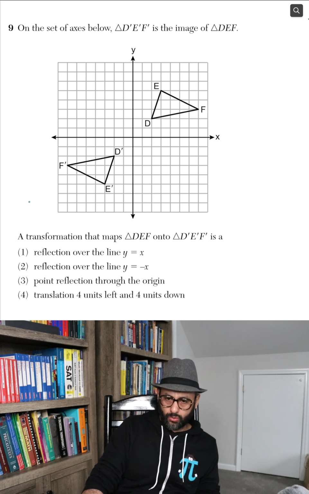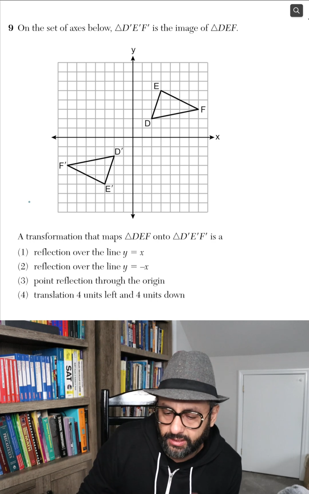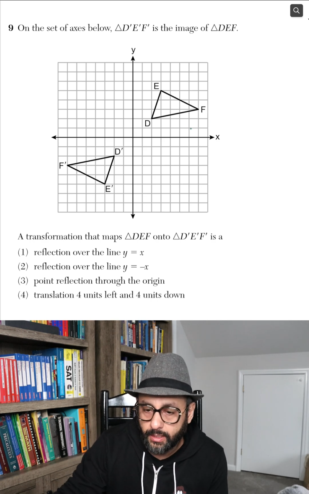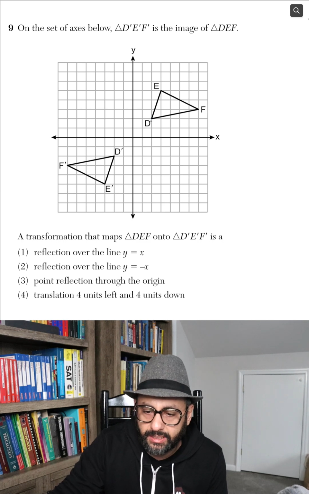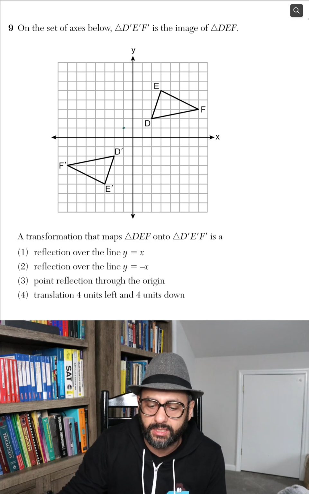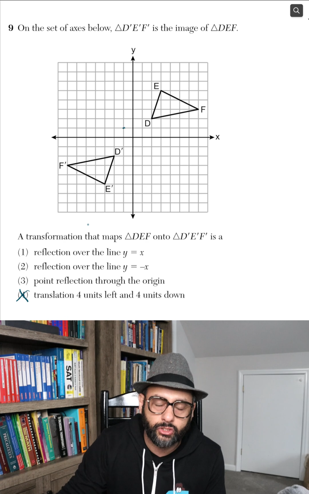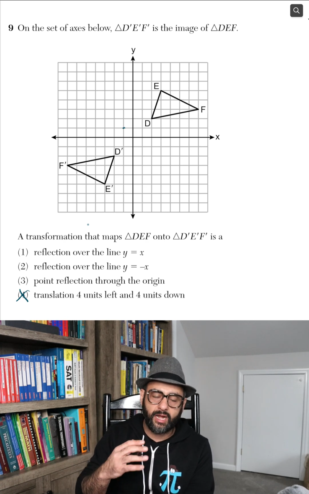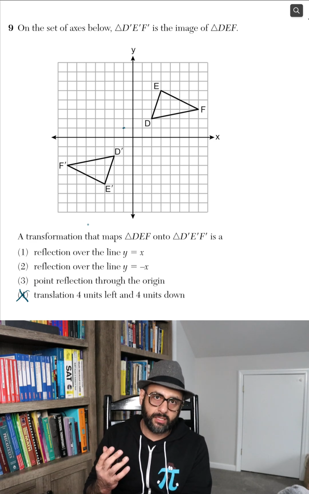Okay, so let's see which one of these can we verify that don't work. If I translate DEF 4 units left and 4 units down, D gets transported to D prime, but E gets transported to some random place up here, not down here. So a translation is not going to do it. A translation doesn't only preserve congruence, but it preserves parallelism.